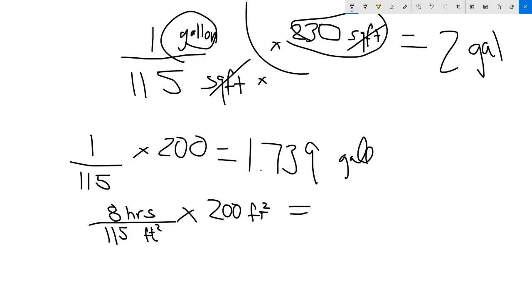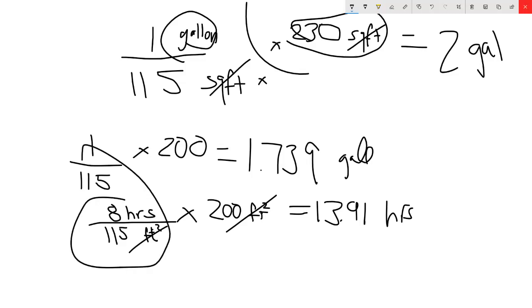The square feet cancel, this cancels with this, and we end up with 8 times 200 divided by 115 equals 13.91. 13.91 hours. So that's what the equation is.